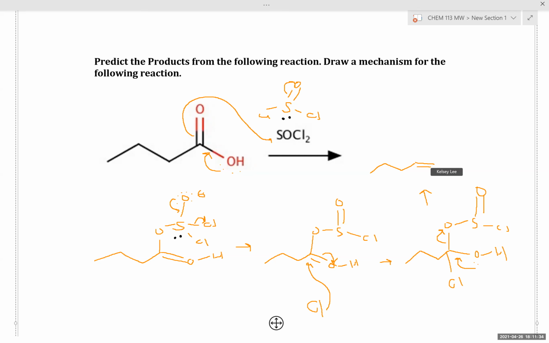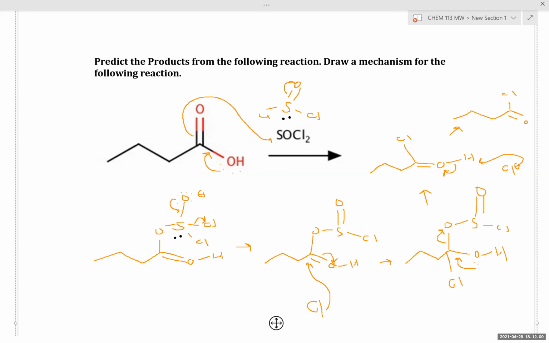This gives us our desired acyl chloride that we can isolate as a neutral product after one more deprotonation step. Okay, got it.